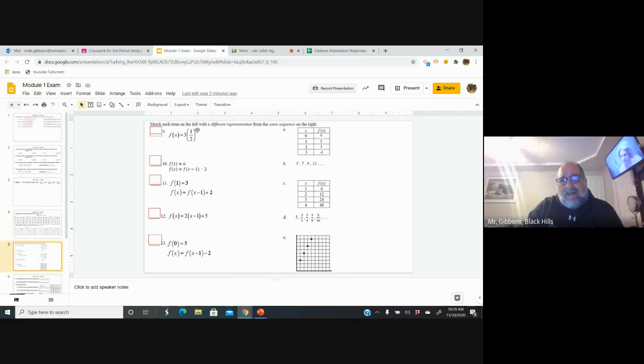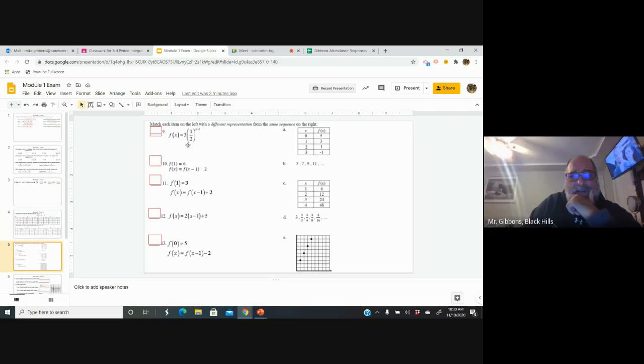If I'm going to use a table or a graph, my first input has to be a 1. So right now, I see that the table's a possibility, and I see the graph's a possibility. And really, it could be any of the sequences too, because I could say that that's the first term instead of the 0 term. So that didn't tell me that much.